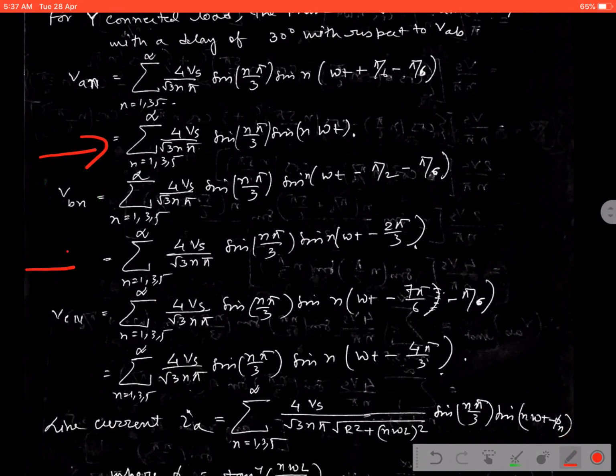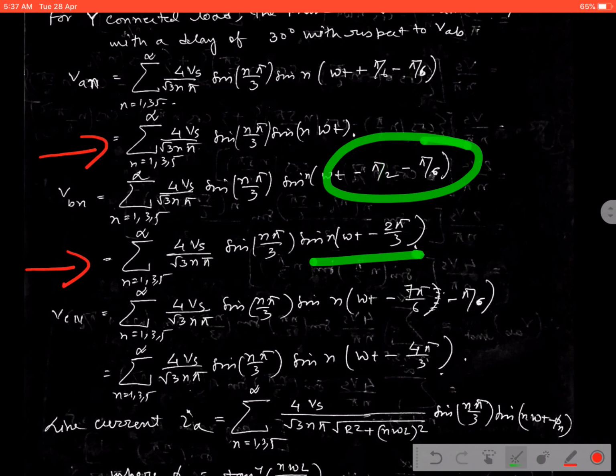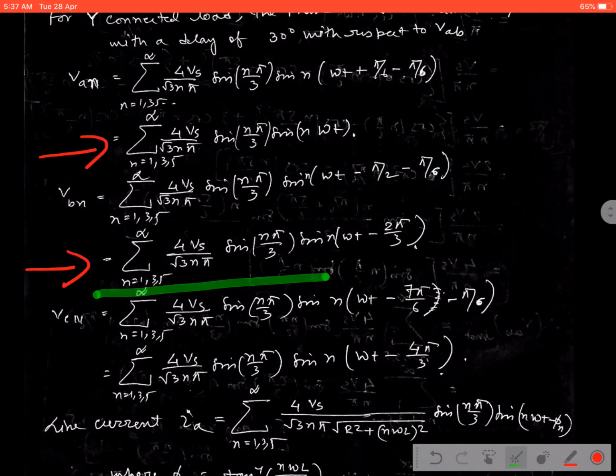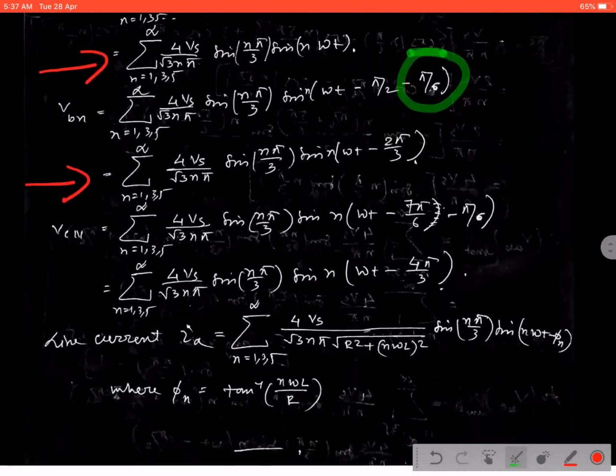We have taken the voltage VBC and then VBC minus 30 degrees. That will give you this part. So this is the expression for the phase voltage, VBC 1 by root 3 times and lagged behind 30 degrees. Okay. So this is the expression.